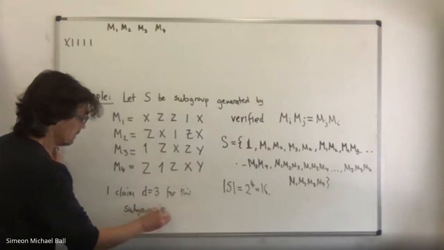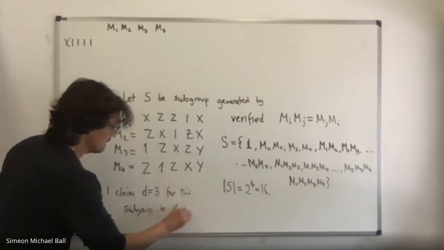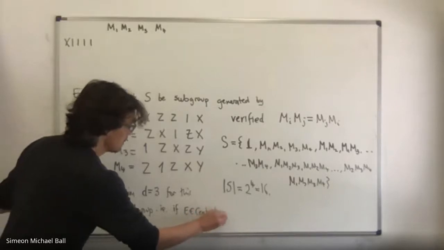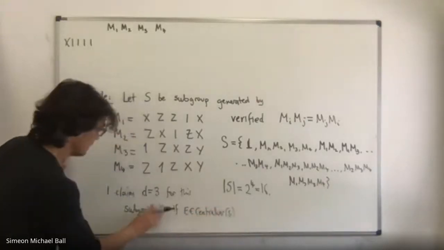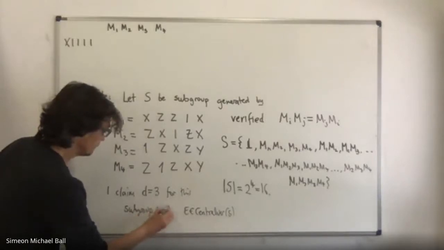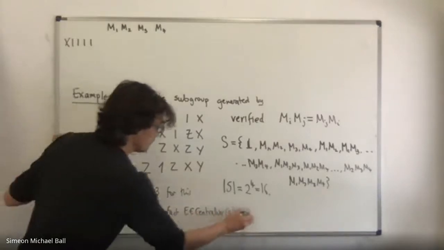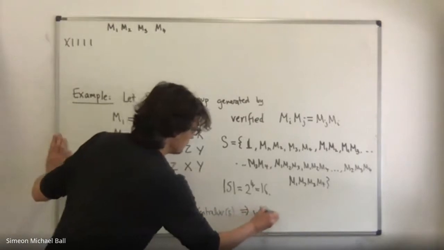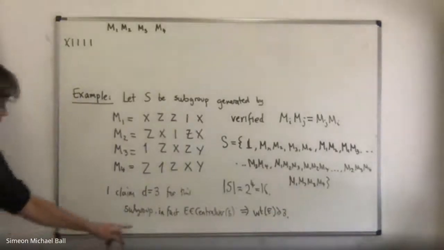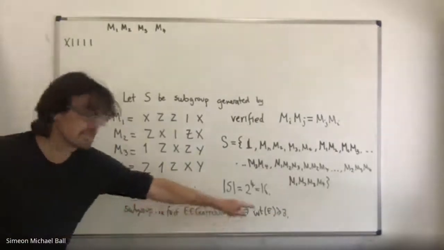So if E is in the centralizer of S, in fact, I claim something stronger: anything in the centralizer of S has weight at least 3.